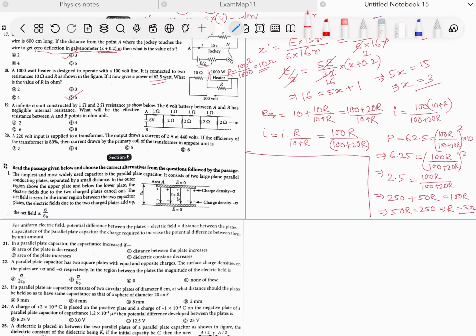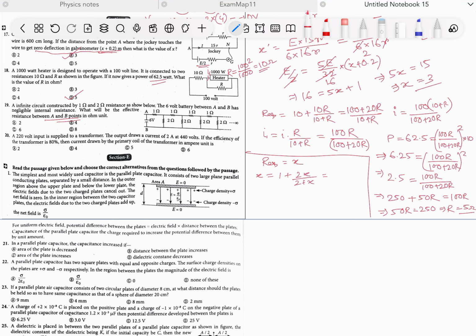Question number 19: find the equivalent resistance between A and B points. Okay. So first consider the equivalent resistance is x. Then we can write x equal to 1 plus 2x by 2 plus x.